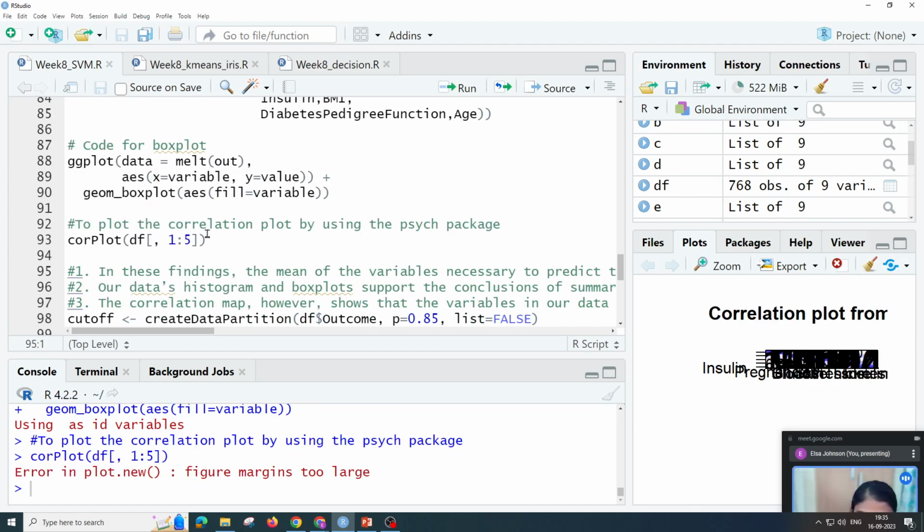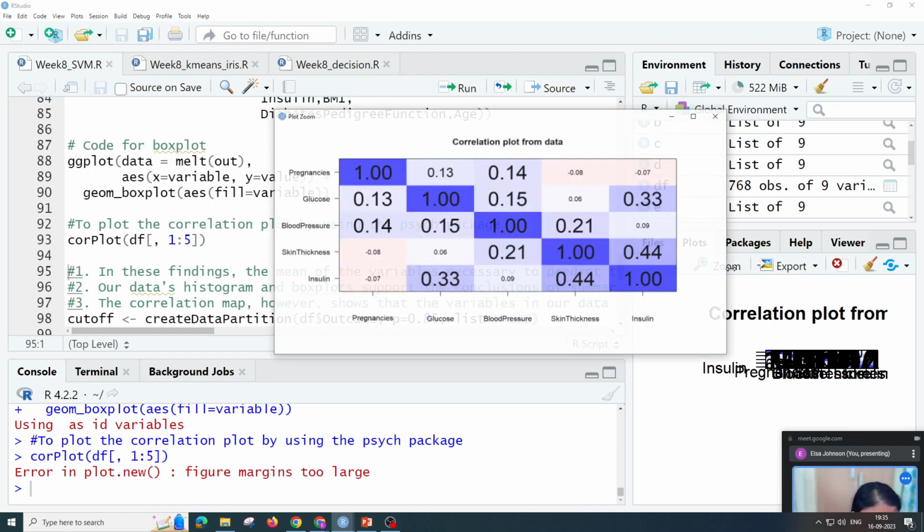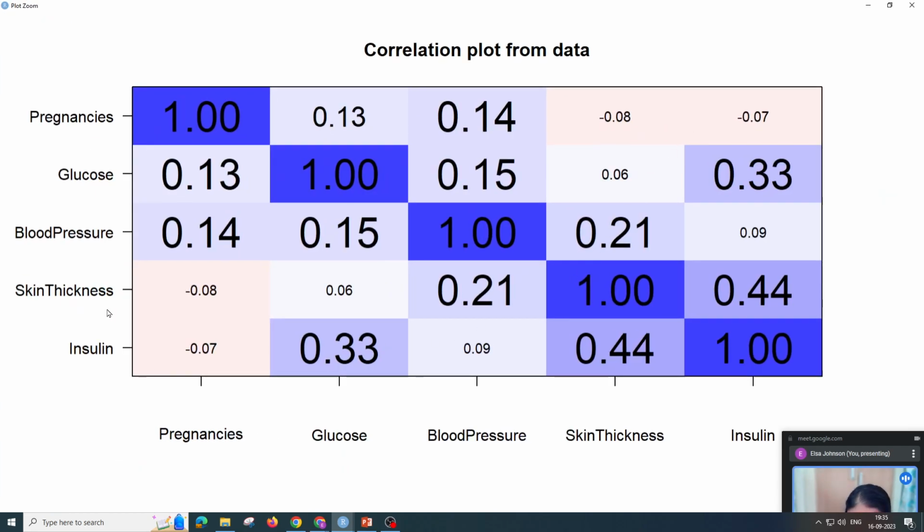I am giving the dimensions 1 to 5, since all the features don't fit in a single picture. Otherwise you would have to reduce the figure size.